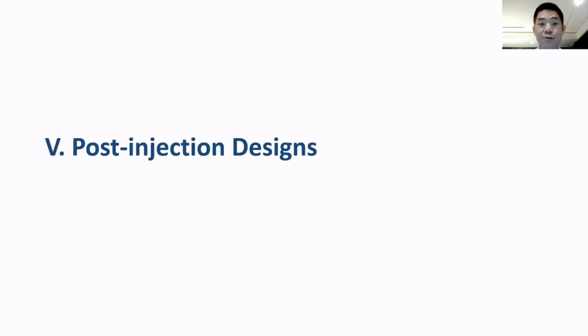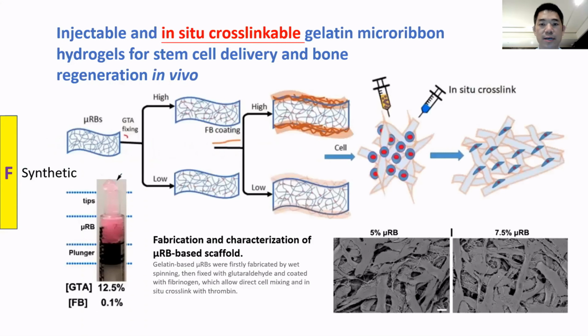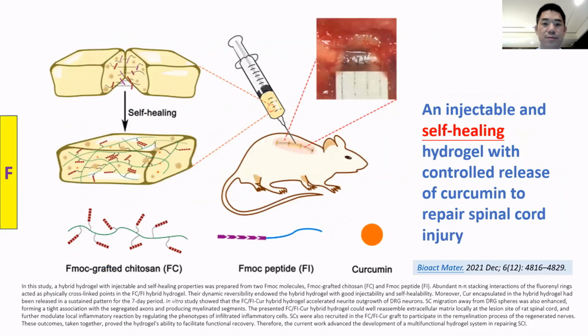And there is also another way to enhance injectable scaffold formation. It's called post-injection design. Let me share with you some examples. They can be made after the injection with in situ crosslinking, so it will not crosslink before the injection, but after injection.